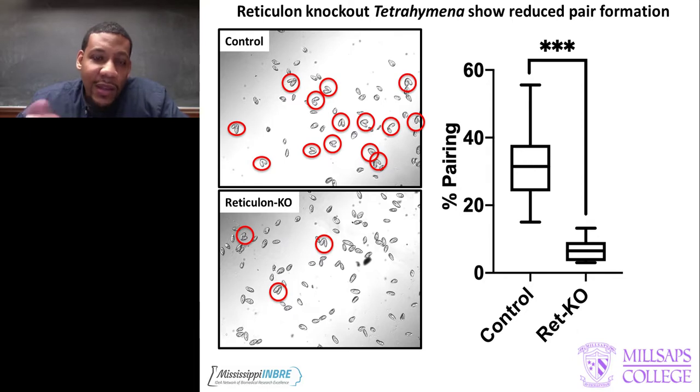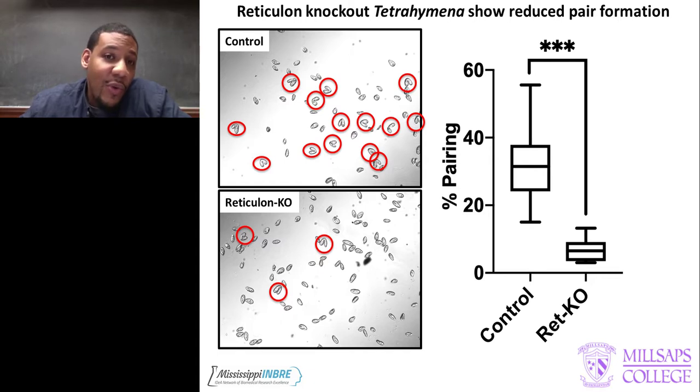So in the top panel here, you're looking at control conditions, and you can see quite a bit of mating. You can see all these Tetrahymena existing in these pairs. But when we look at mating in reticulon knockouts, we see a real reduction in the number of pairs. And we quantify that here.